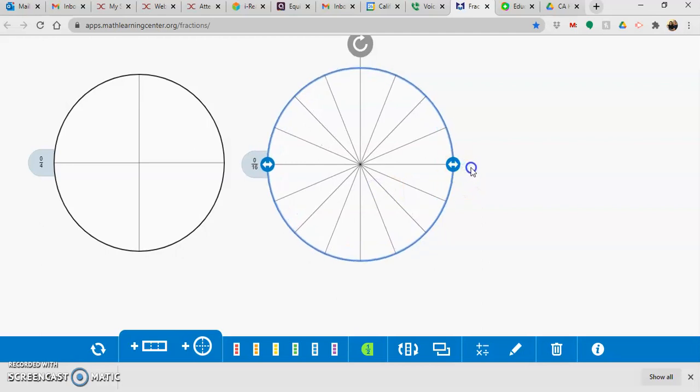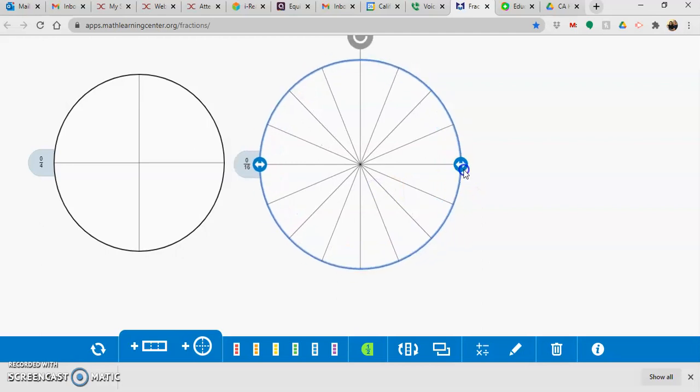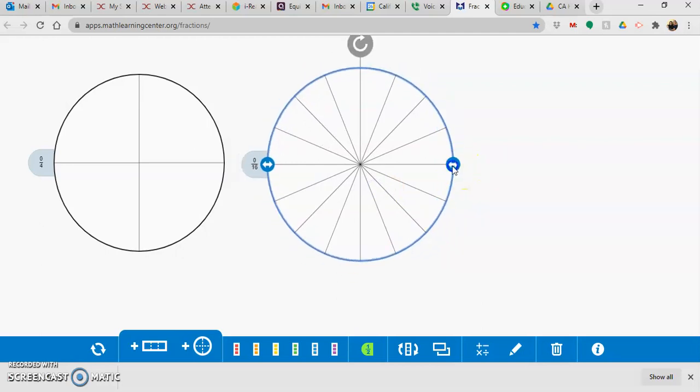And then we'll make it a little bit bigger. There we go. So we have, let's call it a pizza. We've got one pizza right here where there's 4 total slices and one right here where there's 16 total slices.